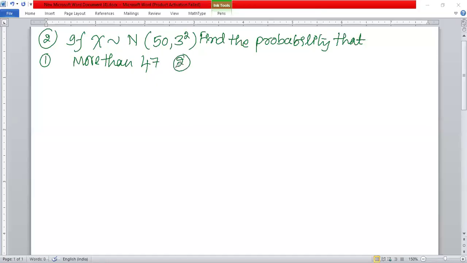The second one, between 44 and 53. Yes. So this is an important question, guys. So many people are confused here. So that is given.